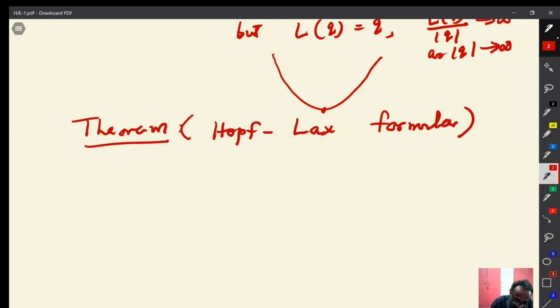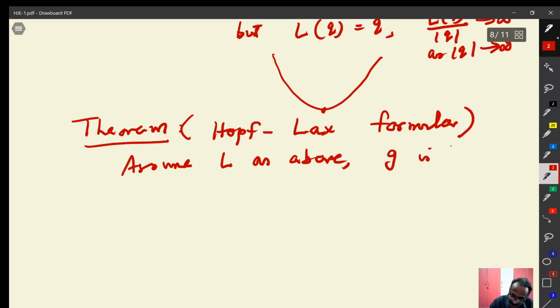Assume L as above, with the above conditions. Maybe you can assume G is Lipschitz continuous, which we are anyway going to do.